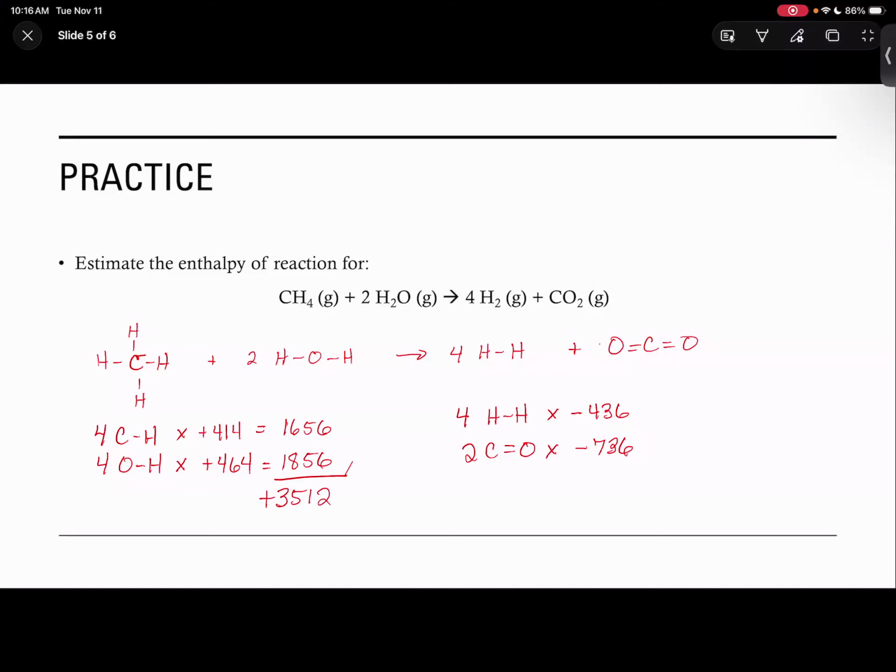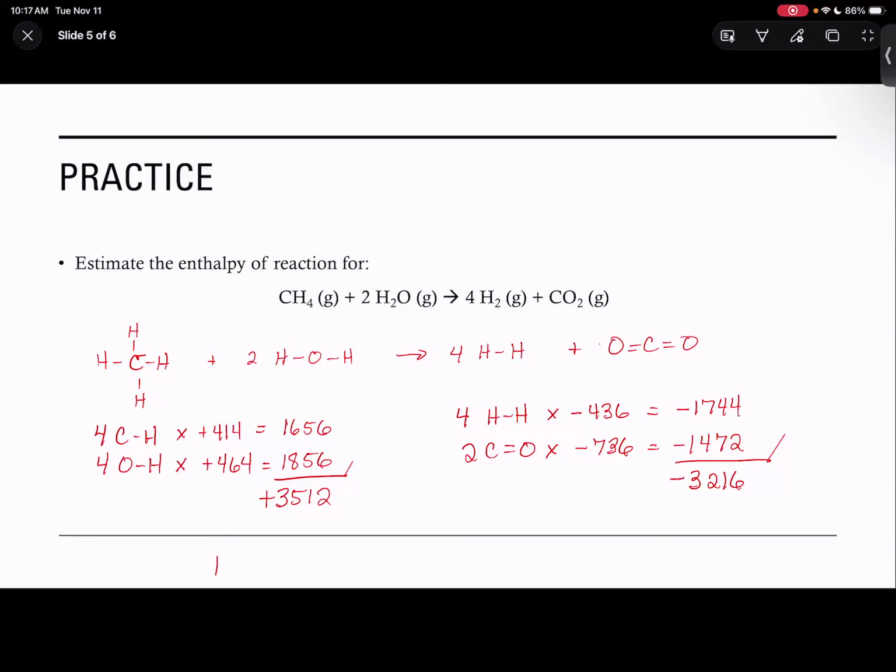On the product side, we have 4 times a negative 436, so it's a negative 1,744. And we have 2 times a negative 736, so that is a negative 1,472. Add those together, and you get a negative 3,216.